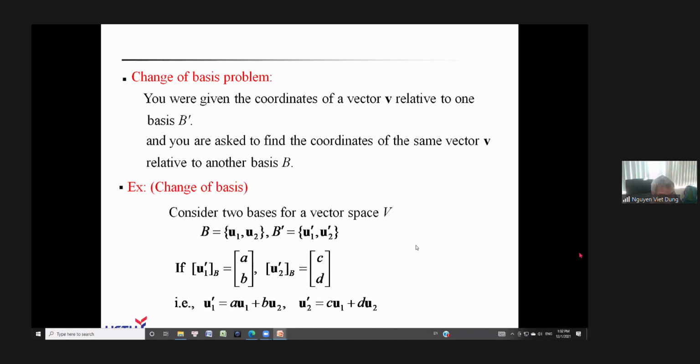Now, it means that U1 prime equals a times U1 plus b times U2. And similarly, U2 prime will be c times U1 plus d times U2. So now we have a representation of U1 prime and U2 prime as a linear combination of U1 and U2.